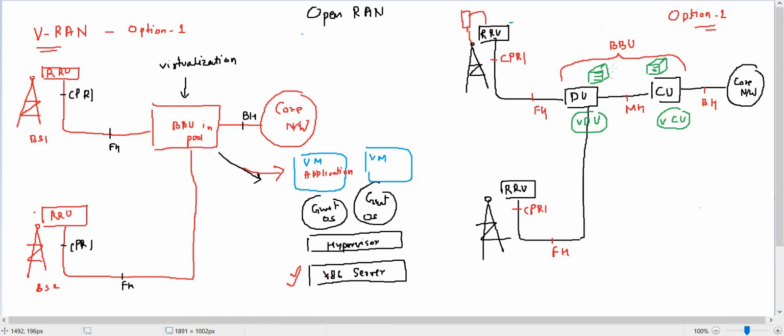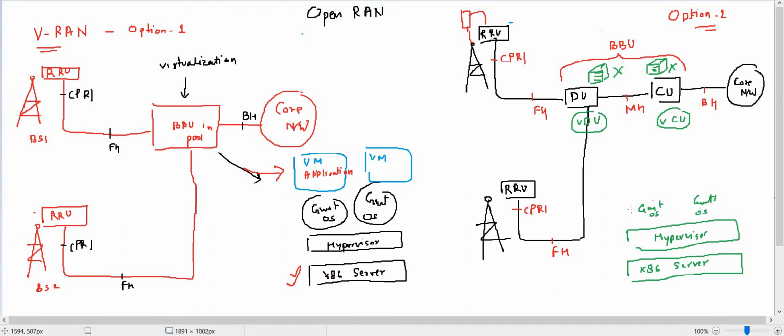We will remove these dedicated hardwares, and instead we will install a COTS server or x86 server. We also call it a generic server. We will install the hypervisor, and on the hypervisor we will install guest OS.